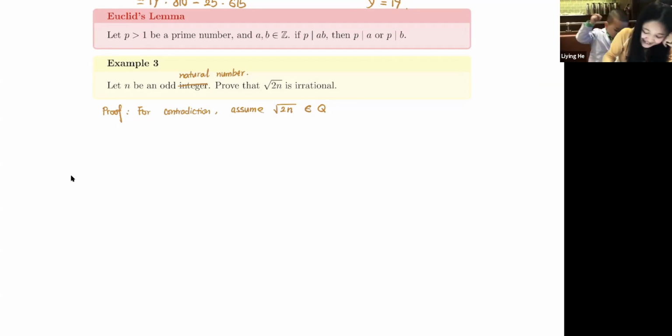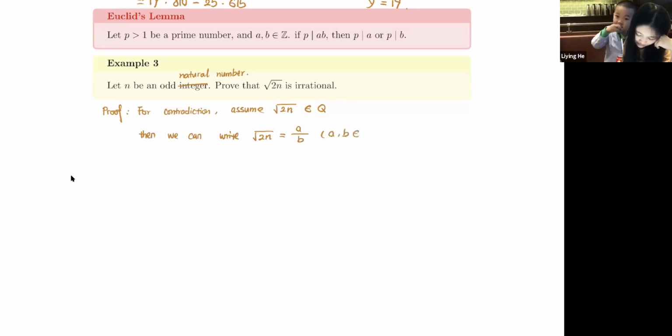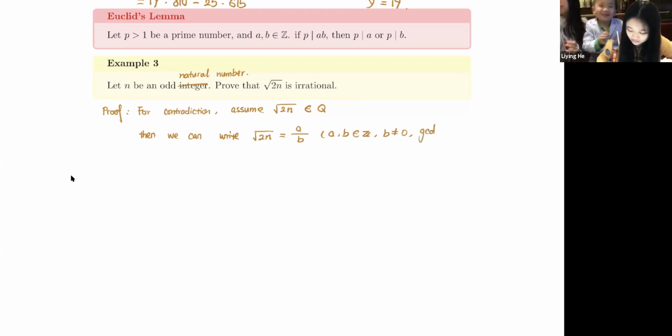Oh, okay. So as soon as it's a rational number, then we can write square root of 2n equals a over b, where a, b are integers, b is not 0, and GCD of a and b equals 1.